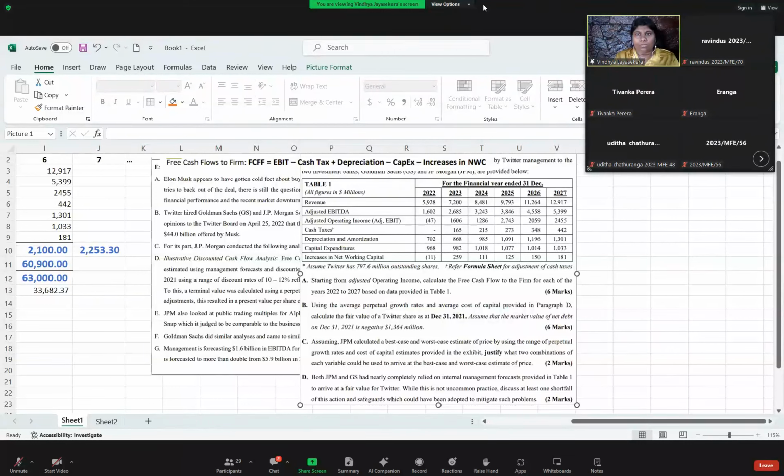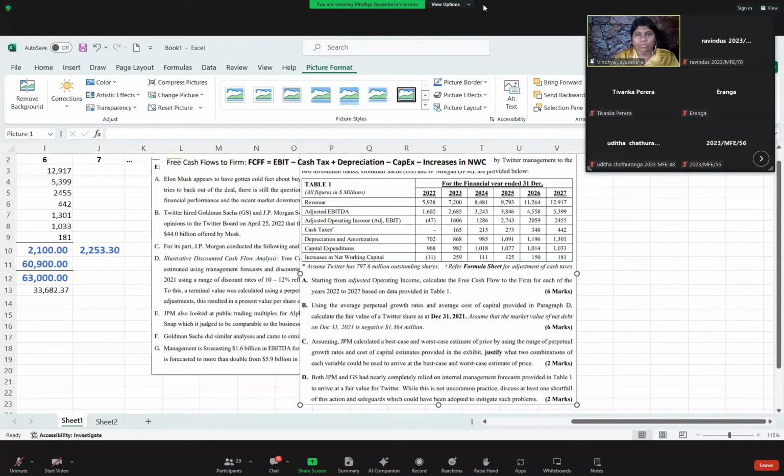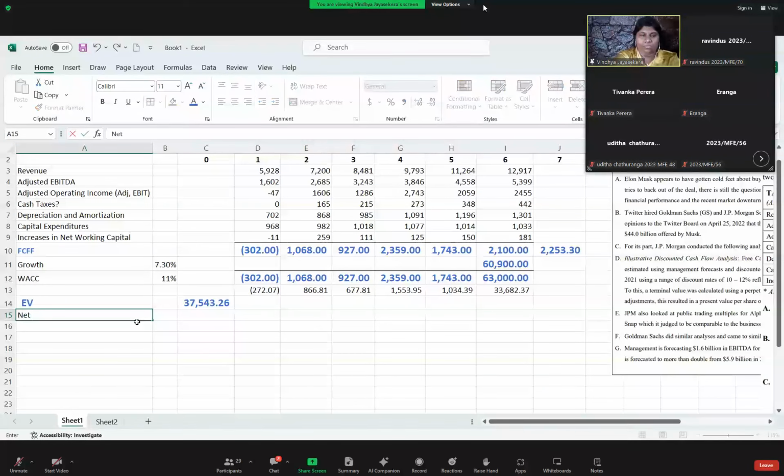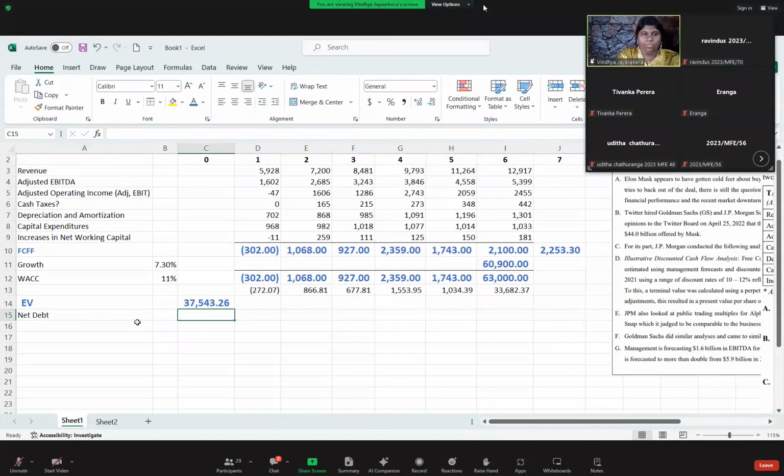Right. Assume that the market value of net debt at 1st December 2021 is negative 1,364 million. So what do we have to do? Net debt is negative 1,364 million.